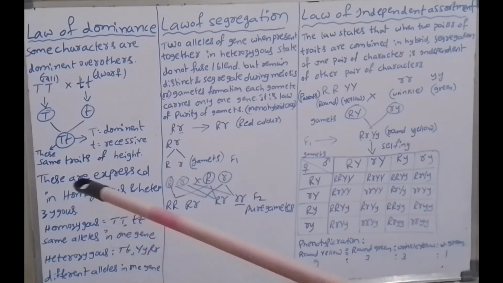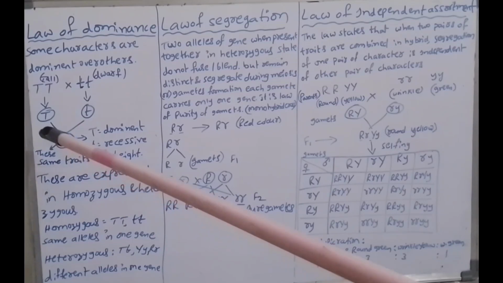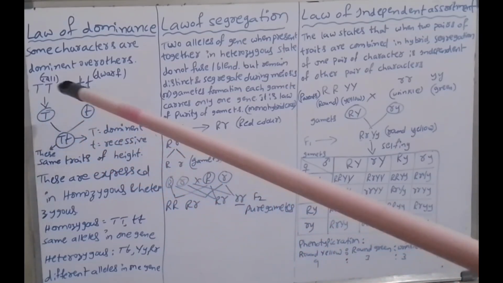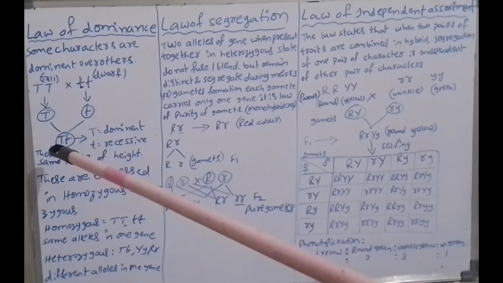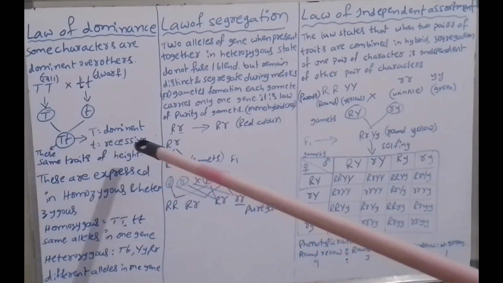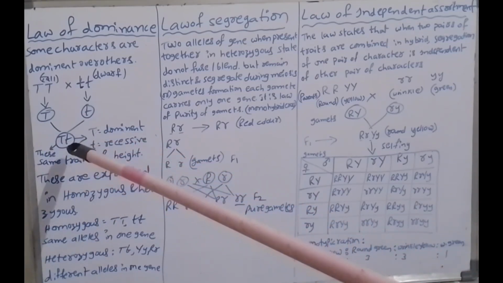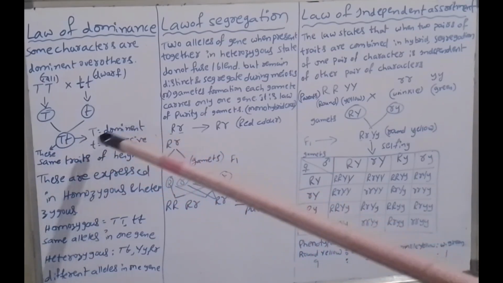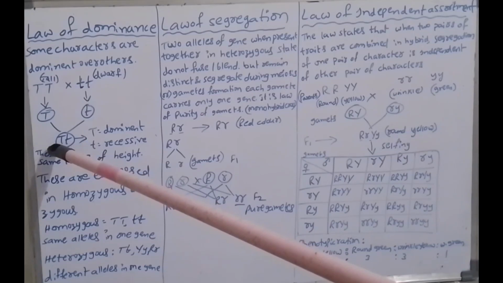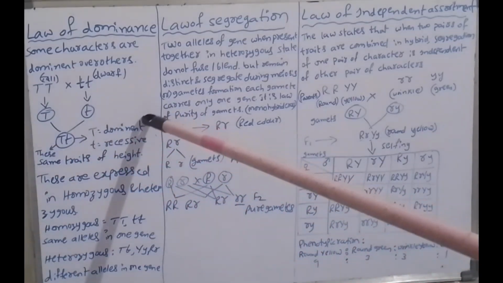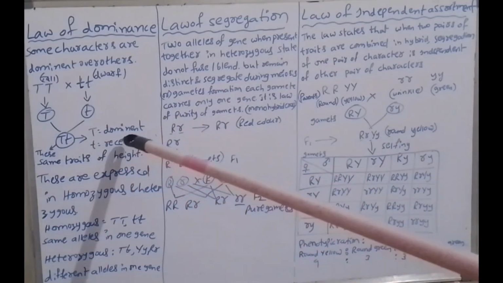So when we cross capital T and small t, tall and dwarf plants, tall plants are produced. Here capital T is dominant, small t is recessive.